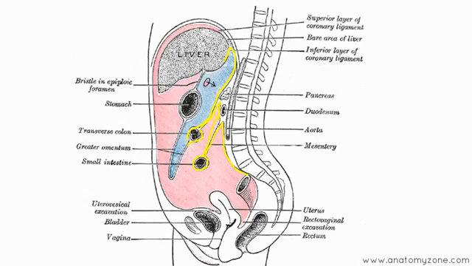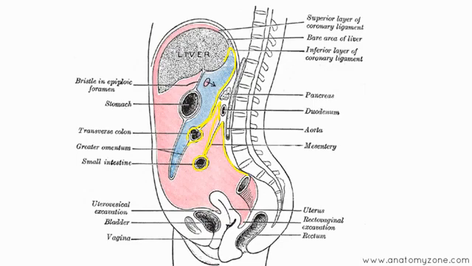So these mesenteries, together with the greater and lesser omentum, carry vascular supply and lymphatic drainage to and from the viscera. So what we've looked at is we've taken a trip through the peritoneal cavity, looking at the peritoneal attachments.